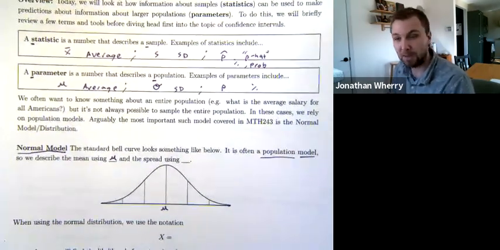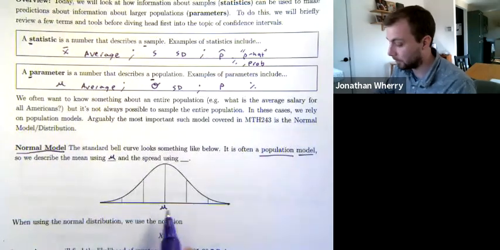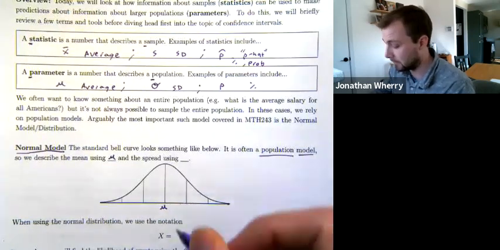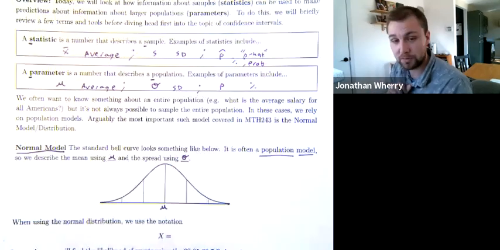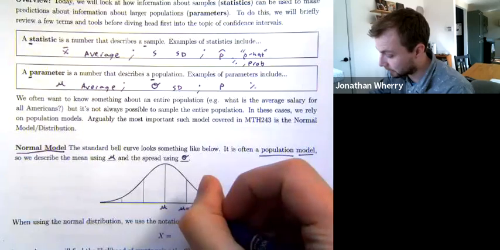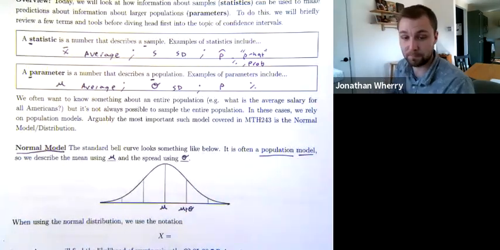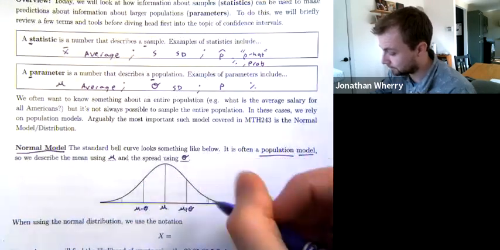The normal model is sometimes called the bell curve because if you look at this, it kind of looks like a bell. If I'm talking about spread, that's how far up and down this curve changes. That's the standard deviation, and that was that symbol sigma. So if I'm going in this direction on the curve, I'm adding sigma. If I'm going in this direction, I'm subtracting sigma.